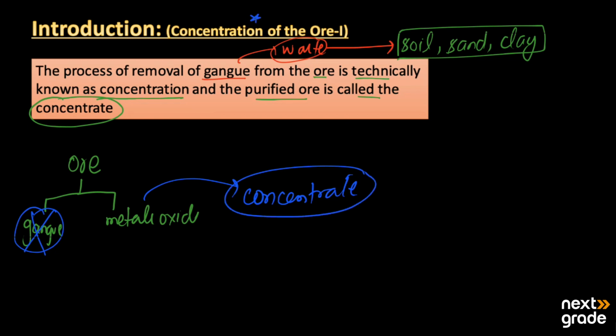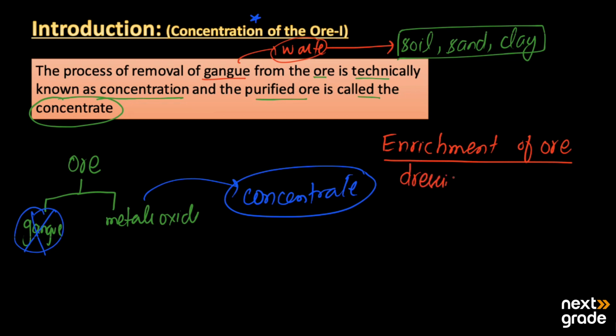The concentration of the ore is also known as enrichment of the ore, and it is also known as the dressing of the ore. So both names can be used: enrichment and dressing of the ore.